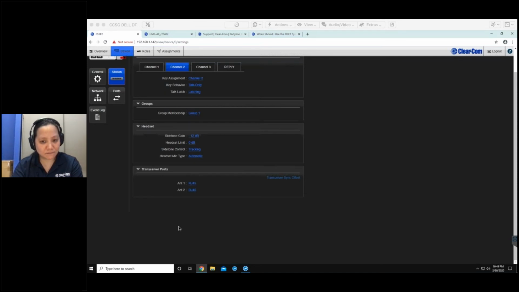So if I'm on antenna number 1 and I move over by antenna number 6 and I don't see a good handoff, that's a pretty sure indication that the deck sync to that antenna 6 is not quite in sync.